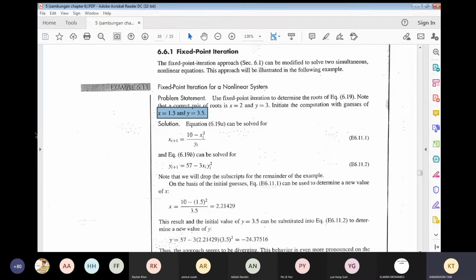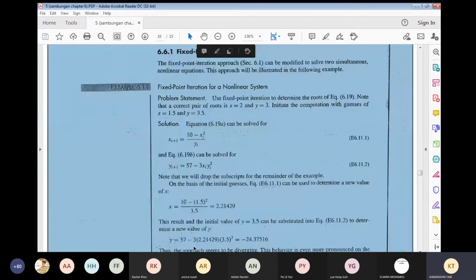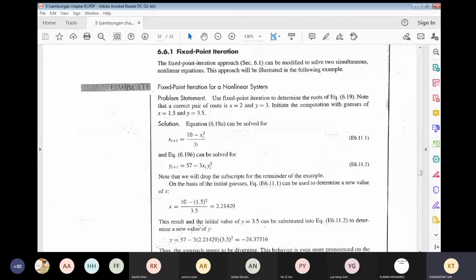x is equivalent to 10 minus, use this equation, okay? So 10 minus 1.5 squared divided by 3.5. So we have 2.21429. And the initial value of y equals 3.5. So we substitute here now. So you get 57 minus 3, and for the x value, you use the latest one we got from the calculation.